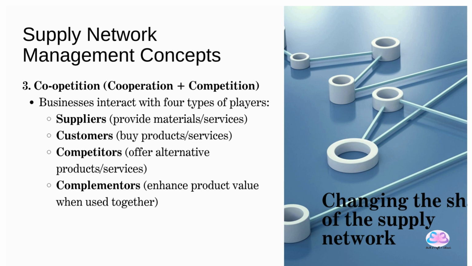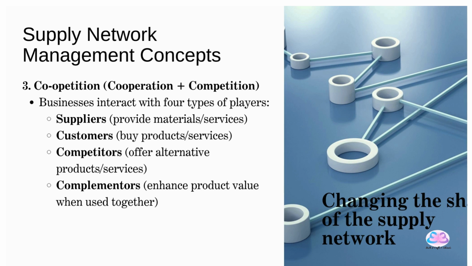While they offer alternative products or services, sometimes businesses collaborate with competitors on shared goals such as industry standards or joint ventures. The fourth one is complementors. These are businesses that enhance a product's value when used together. For example, smartphone manufacturers and app developers work together to improve user experience.